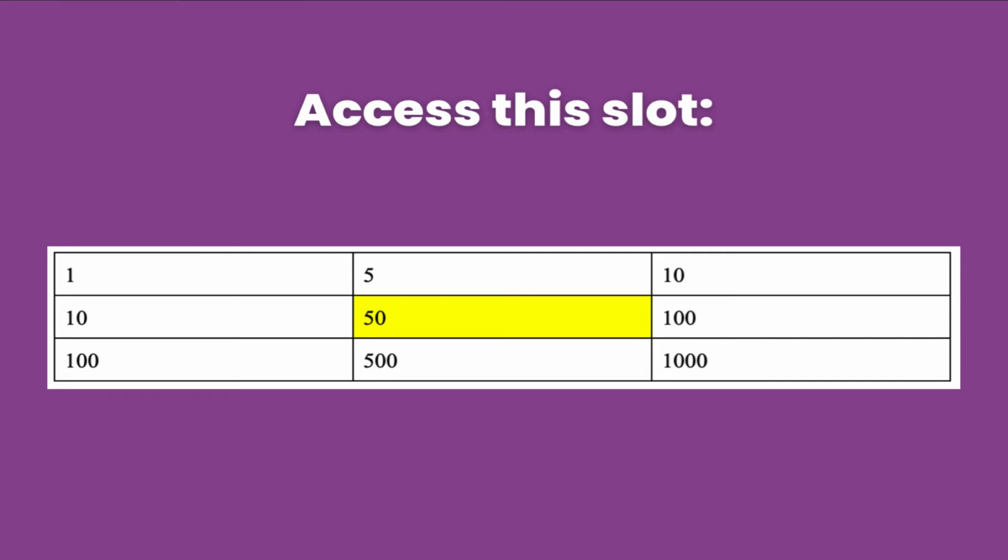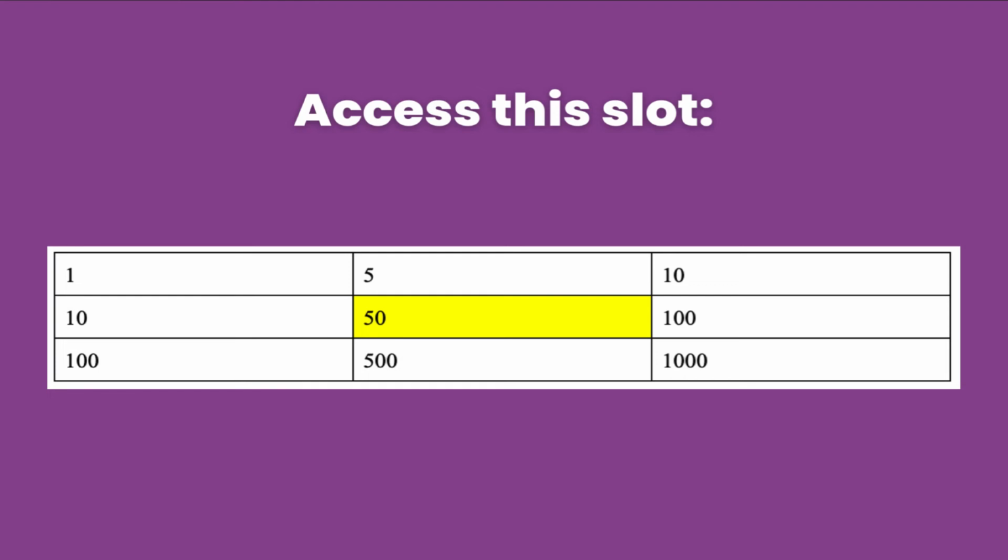So the slot is in the second row, and the second row has an index value of 1. So the index value of the row of the slot is 1. The slot is also in the second column, and the second column has an index value of 1. So the index value of the column of the slot is 1.